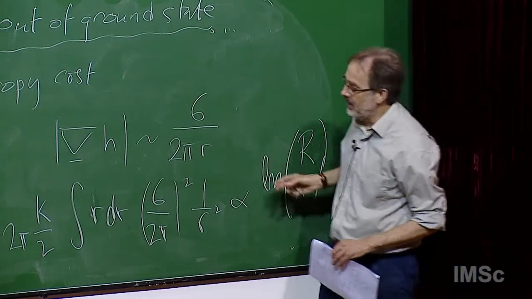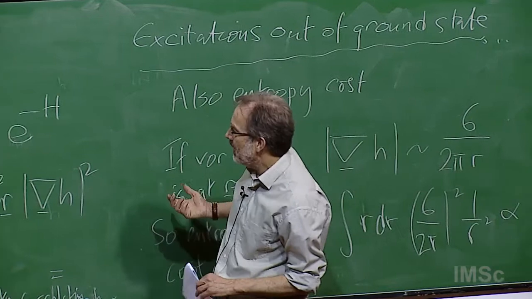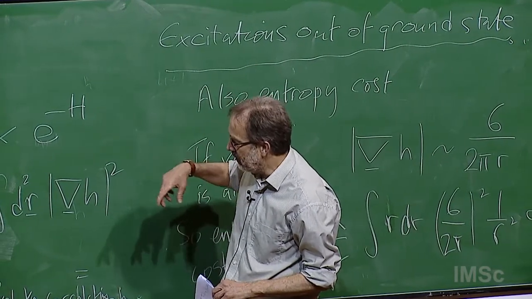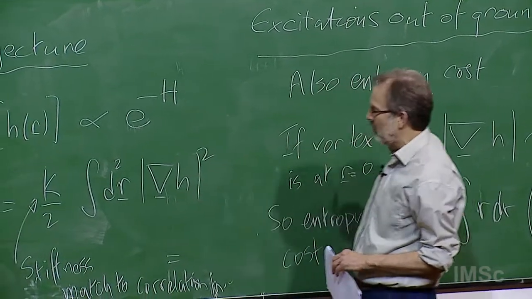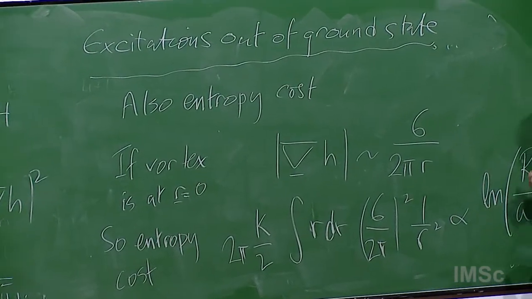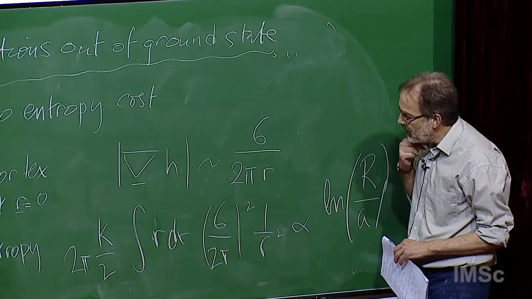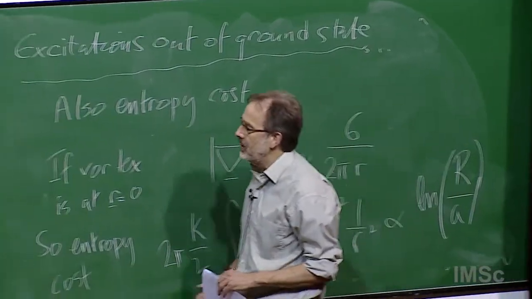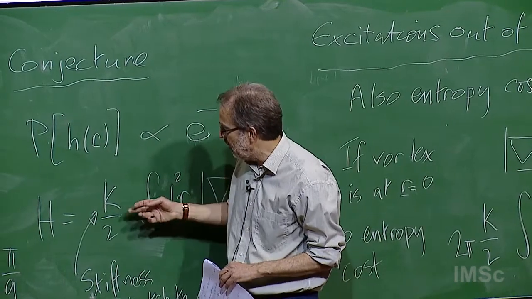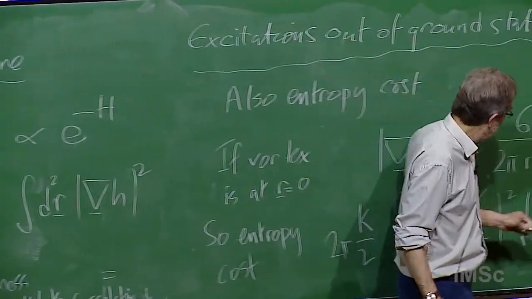And this entropy cost of introducing a vortex is also offset by the entropy that you can get from putting its core at all the different possible places in the system, which also grows logarithmically with system size. And according to the value of the stiffness, it might either be the entropy gain from different locations for the vortex core that wins, or the entropy cost that wins.